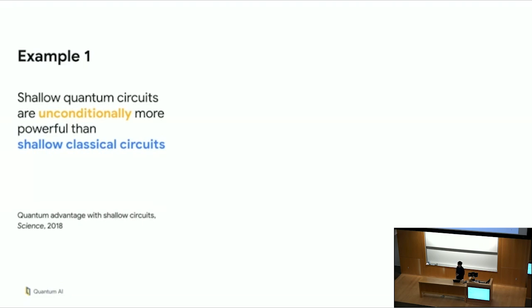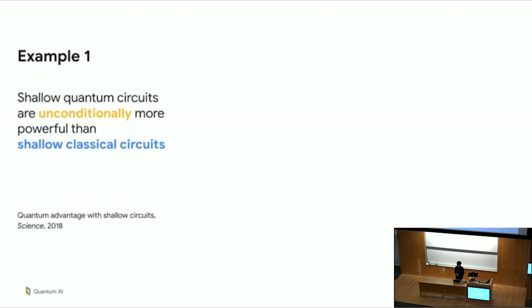So what does that mean? They showed that there's a relational problem, which you can think about as a kind of conditional sampling problem, where the shallow quantum circuits can solve that computational problem very efficiently. On the other hand, they proved that any shallow classical circuit will not be able to solve that problem.